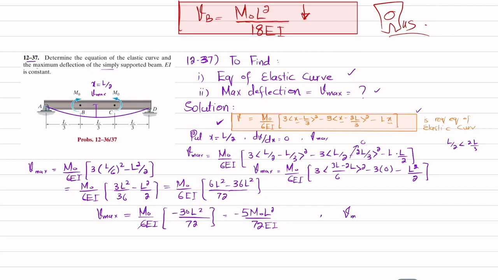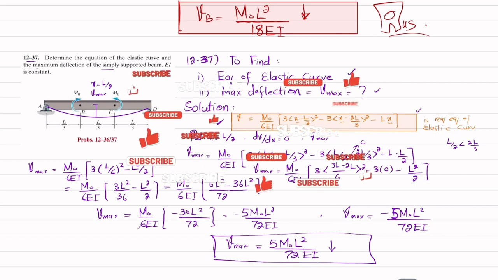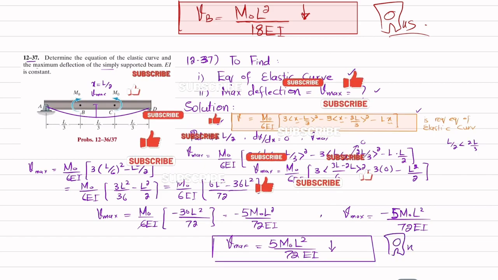So Vmax is equal to minus 5 m naught L square over 72 EI, or Vmax is equal to 5 m naught L square over 72 EI, and the deflection will be downward. And this is the answer of our question number 12-37.